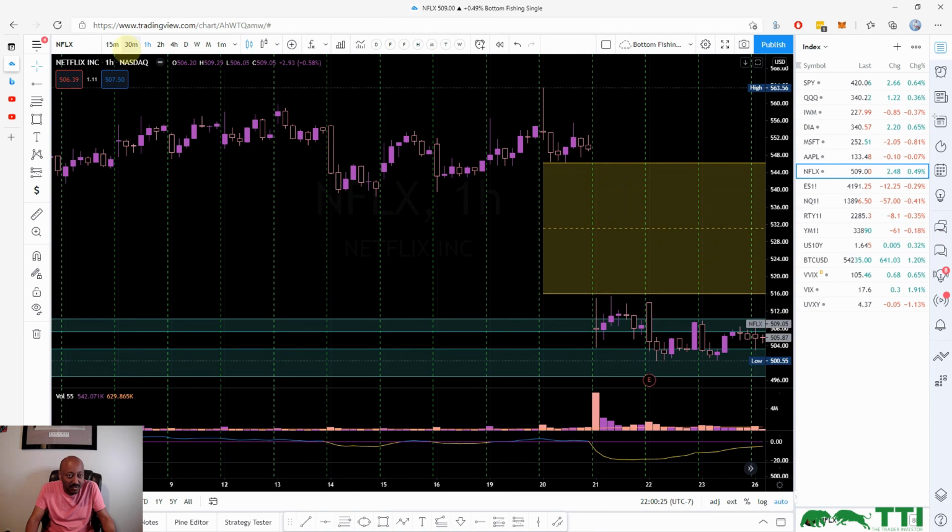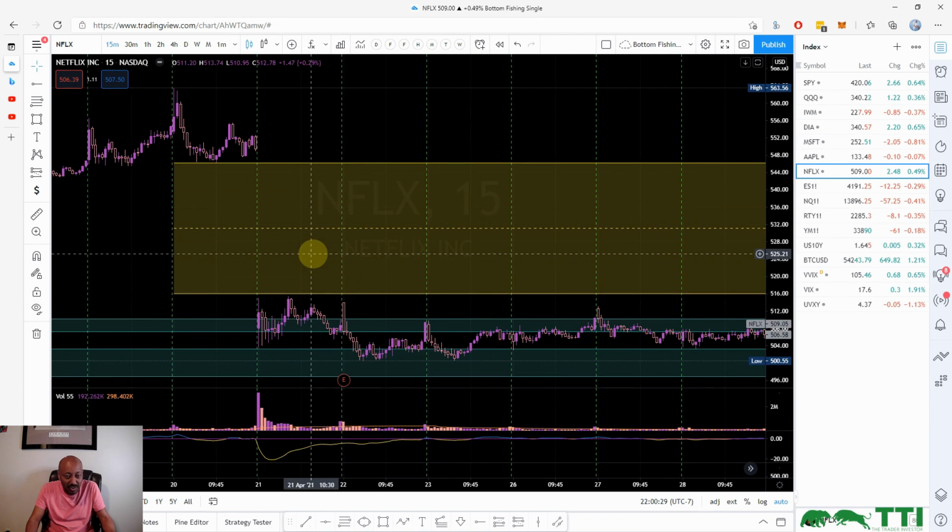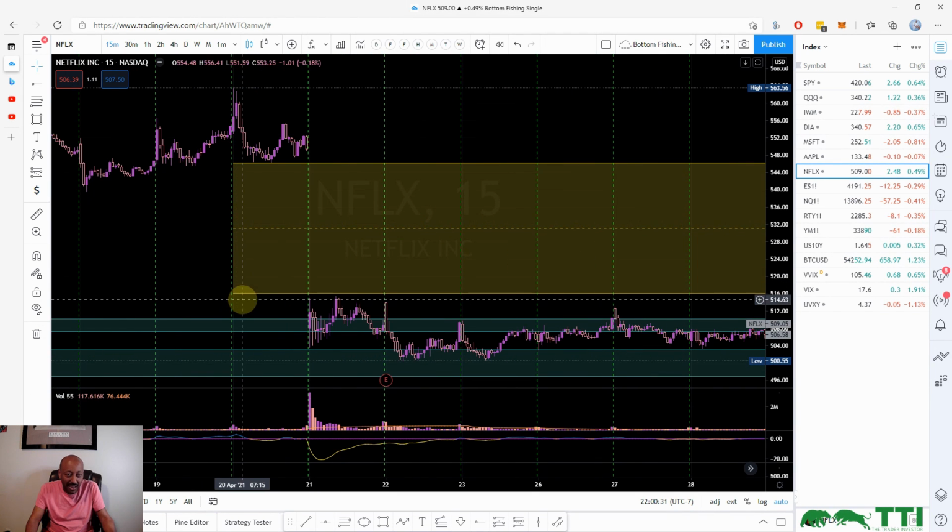We see this order block, so we can either go to a 15-minute chart and look for a sign of weakness. So structure is broken to the downside. I don't need to see a structure breaking to the downside. What I want to see is once I start to break this trend line, I'm entering a position to the downside.